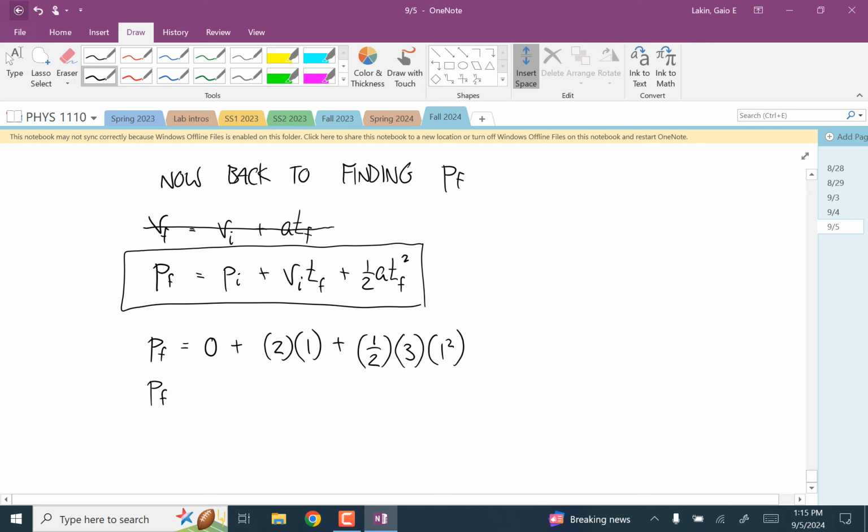And so PF is equal to 2 plus 1.5, so 3.5 meters. So the points A and B are 3.5 meters apart.